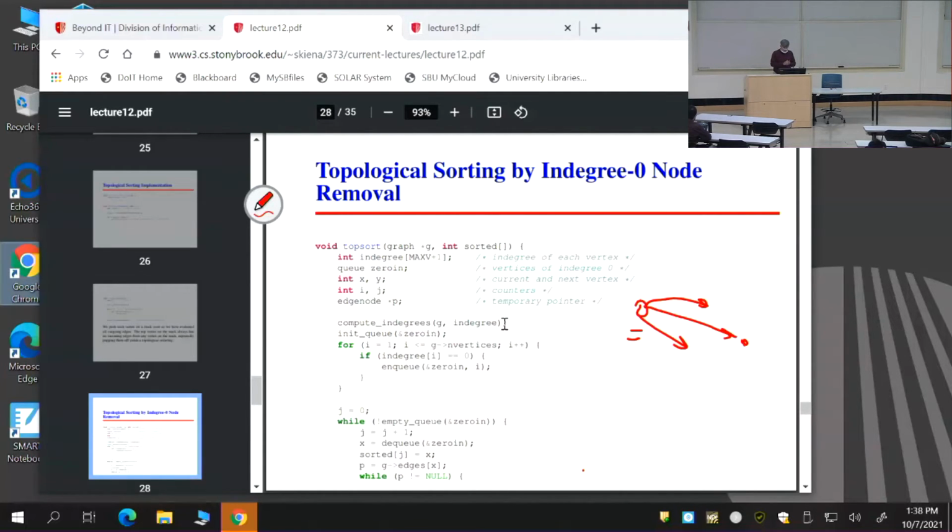So what are we going to do? We're going to find out which vertices have in degree 0. Then we're going to take one of them, put it first, delete the edges going out of it. In that process, we might create more vertices of in degree 0.